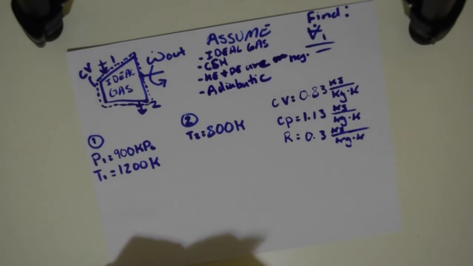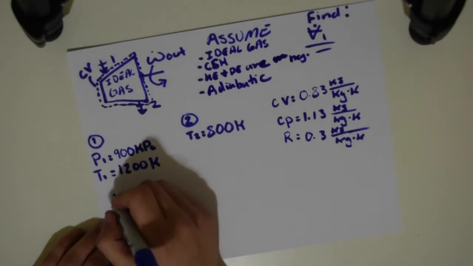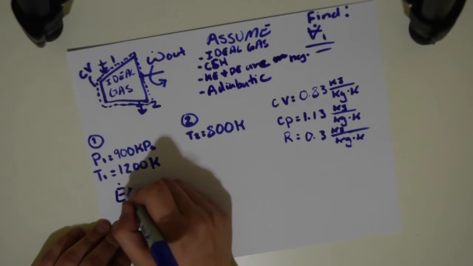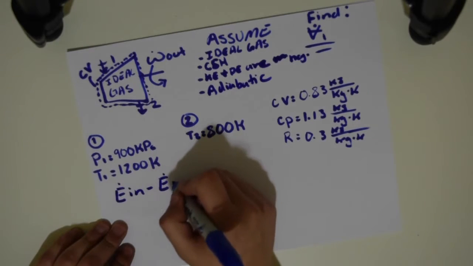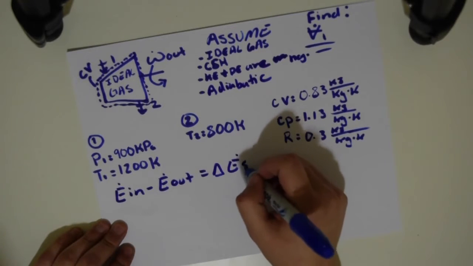The next thing to do after this is always the energy balance. So this is the energy balance for an open system: E dot in minus E dot out equals change E dot of system.